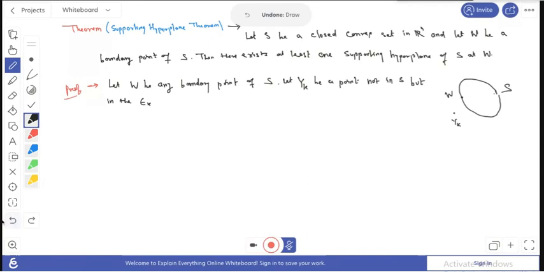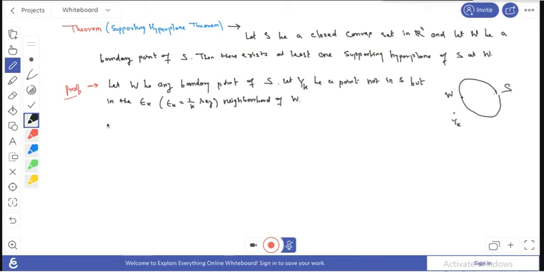What is the value of epsilon k? If we take this epsilon k, that is 1 by k. Okay, so we take this neighborhood of this point w, and that point is your boundary point.